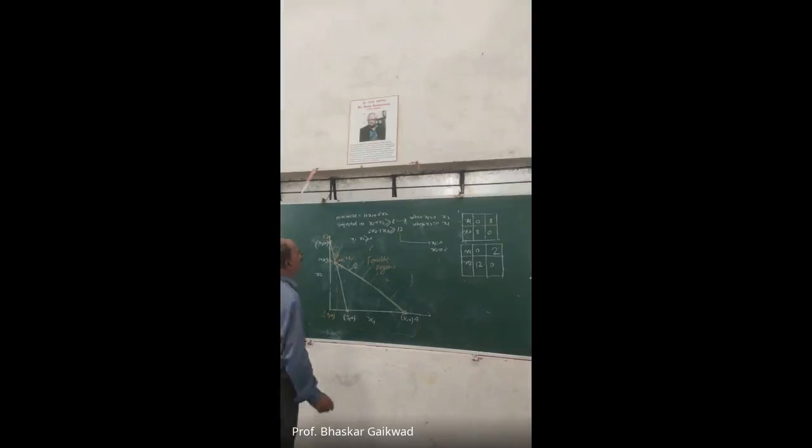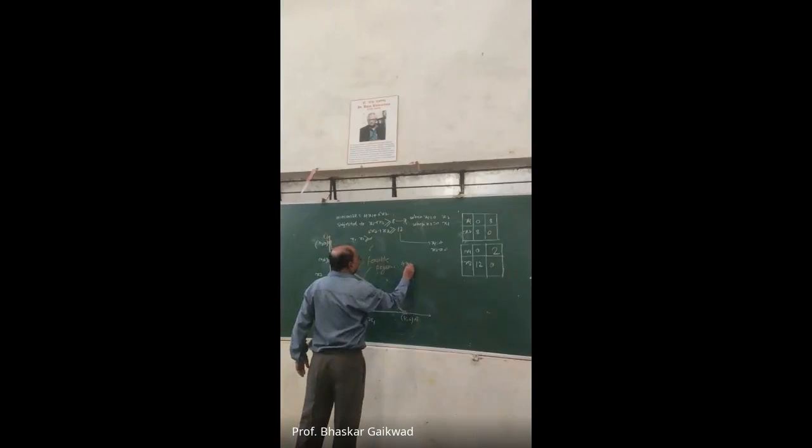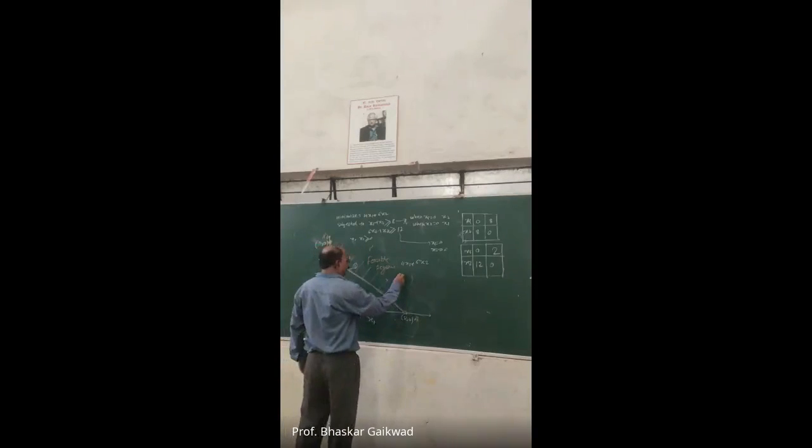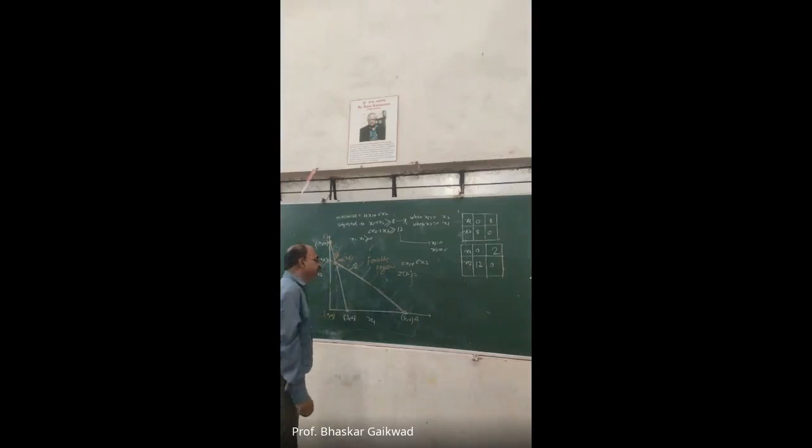Now related to this, 4x1 plus 6x2. For point A, ZA, what is x1 there? 8.